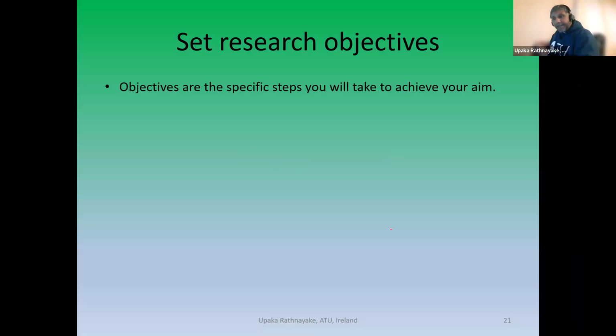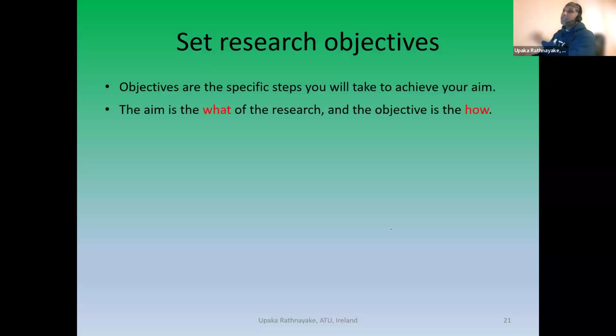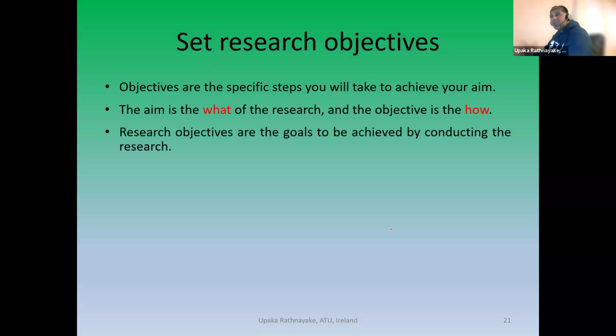No, they are different. Objectives are the specific steps you will take to achieve your aim. So the aim is the what of the research, and the objective is the how. Hope you get some insights about aims and objectives. So research objectives are the goals to be achieved by conducting the research, and objectives should be logical and coherent.